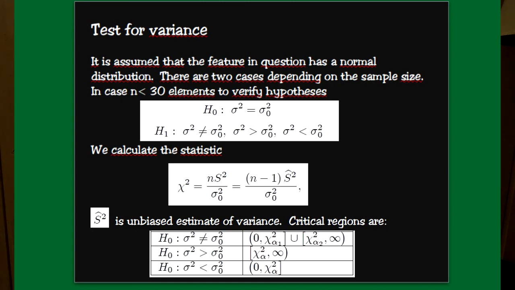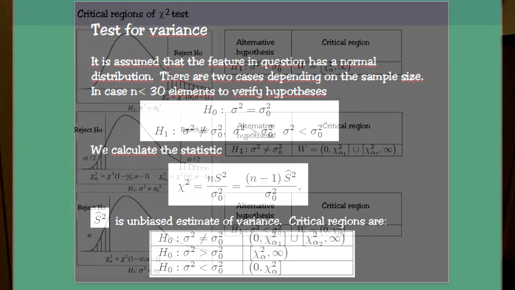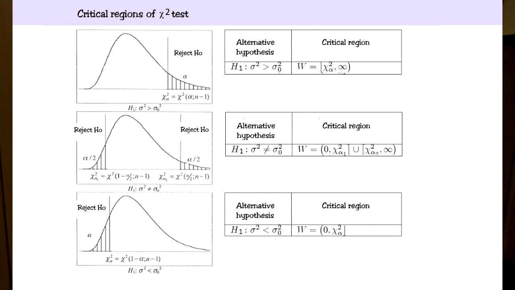Now we have a picture where it is all shown. Critical regions for chi-squared tests. Okay, so in the middle we have the two-tailed test. On the top we have the upper one-tailed test, and in the bottom we have the lower one-tailed test.